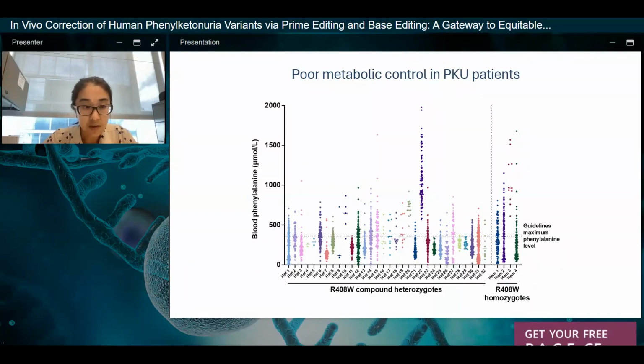About 30% of the patients had a lifetime average Phe level above the recommended maximum. This emphasizes the significant unmet medical need for PKU patients to better control their Phe levels.